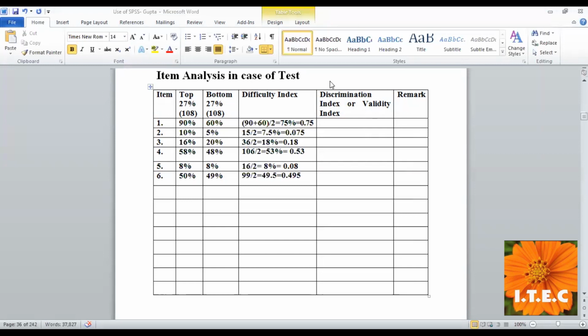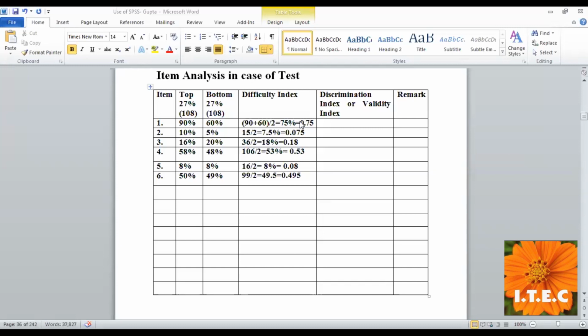The item whose difficulty index is between, let us say, 0.45 and 0.6, you can say it is average, and which is less than that is difficult.